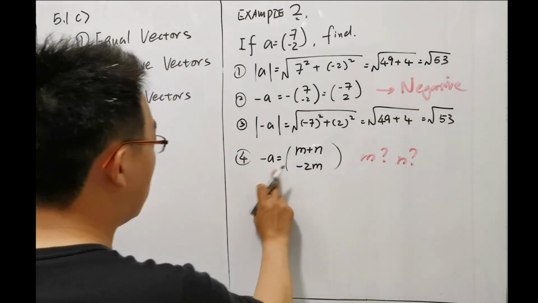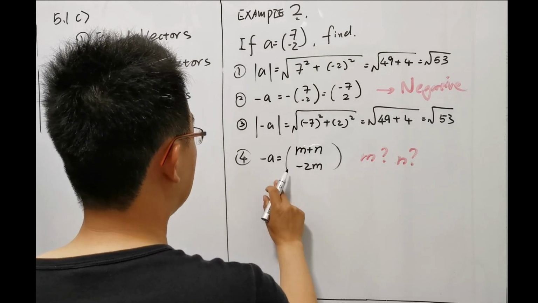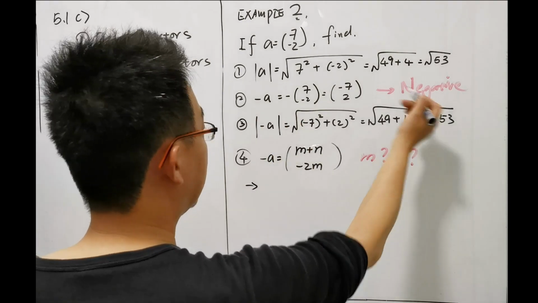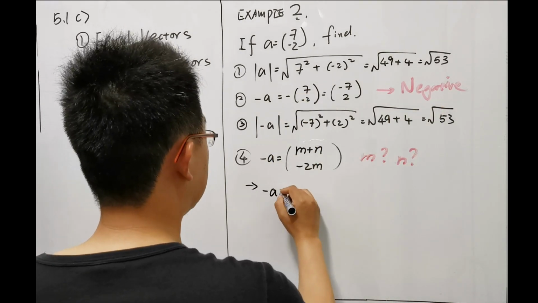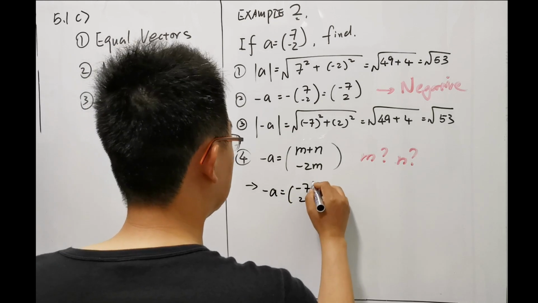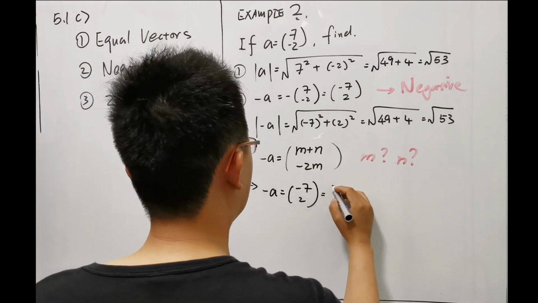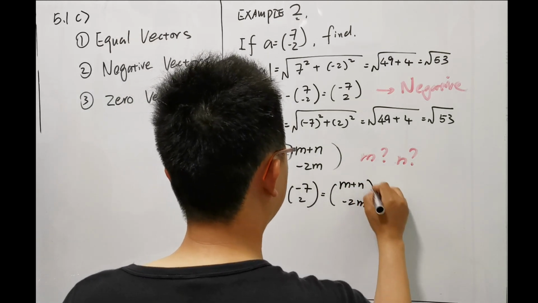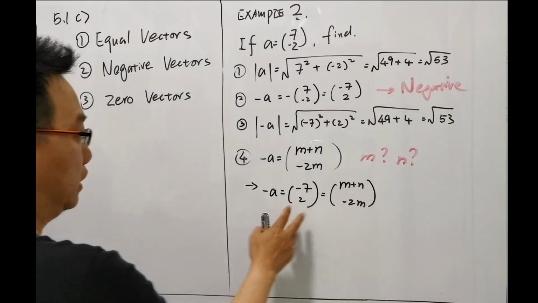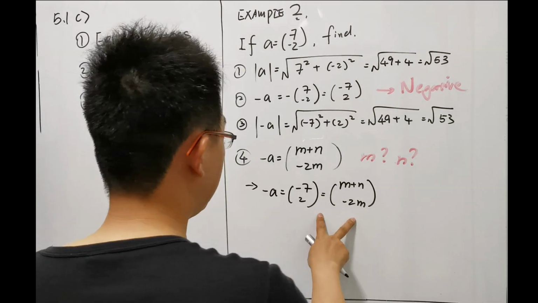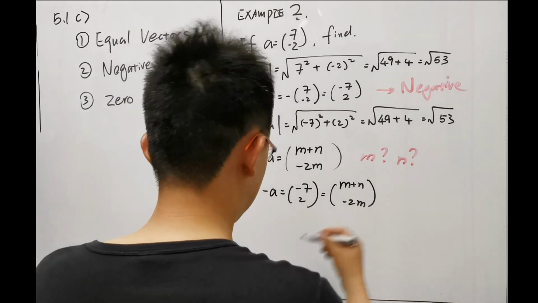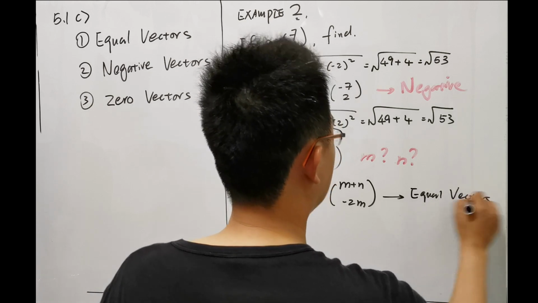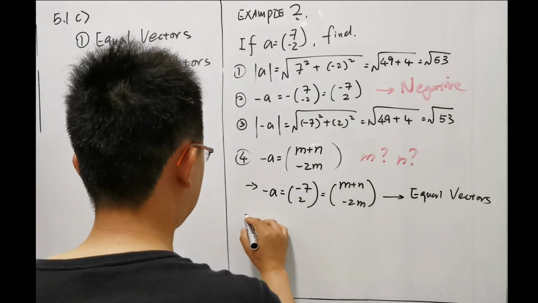Because we know the negative vector minus A equals (-7, 2), and from this equation we know (m plus n, minus 2m). If these two vectors are equal vectors, they are the equal vectors. So from here we can come out with another one.